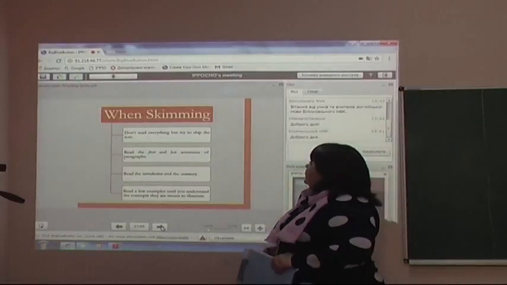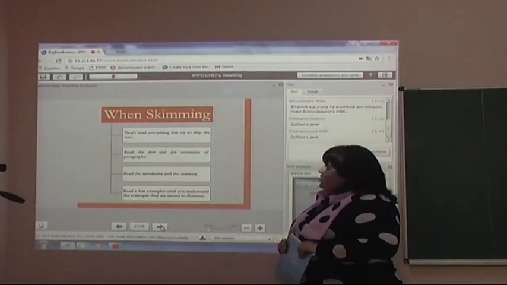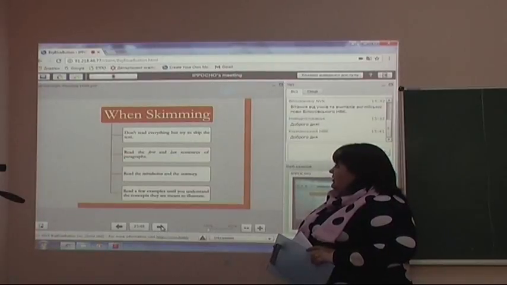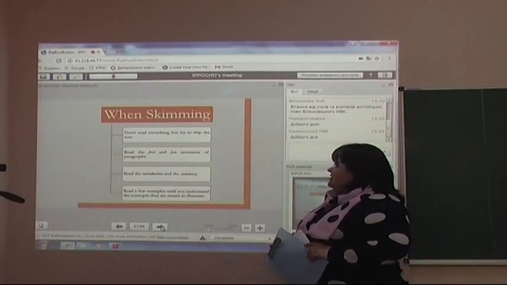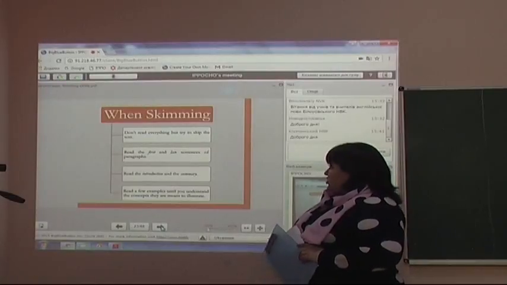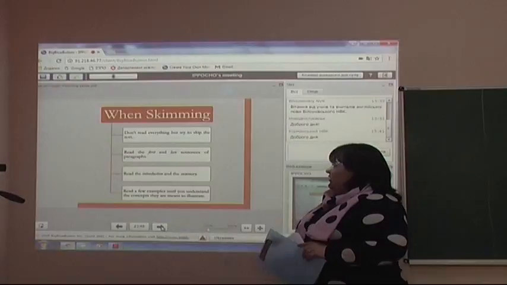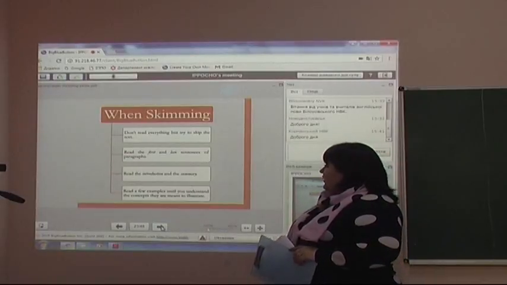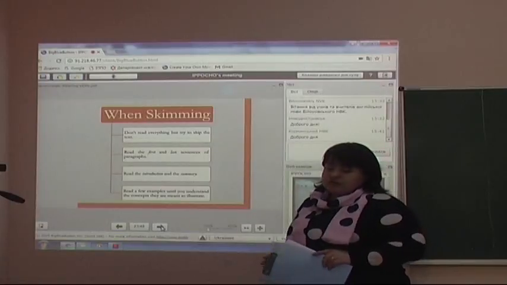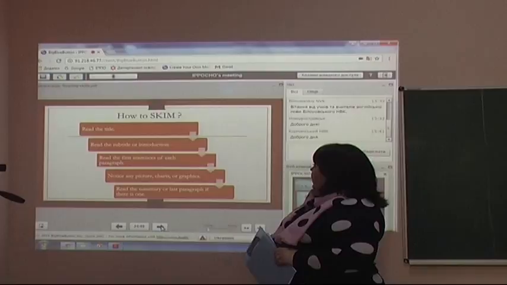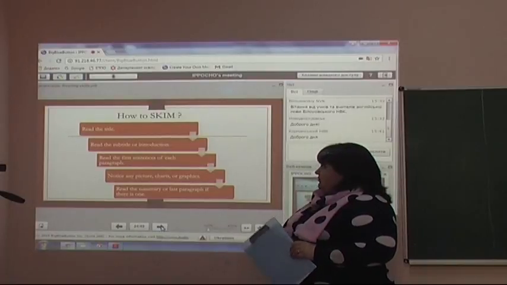When skimming, don't read everything, but try to skip through the text. Read the first and the last sentences of the paragraphs, and read the introductions and the summary. Read a few examples until you understand the concept. And please, how to skim?